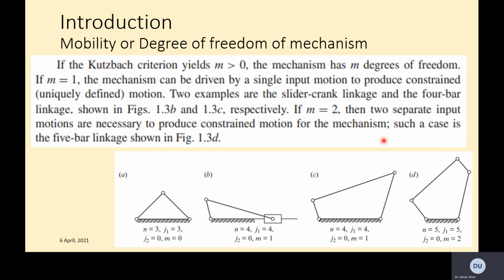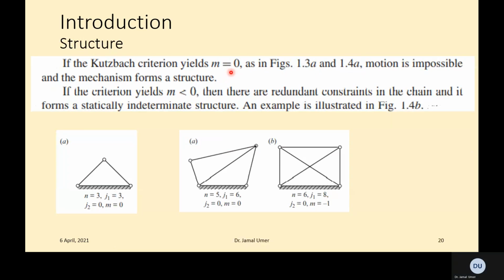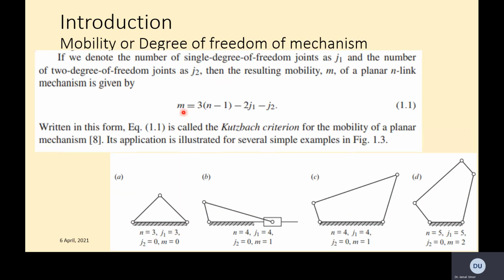So if the Kurzbach criterion yields M equal to 0, this is a special case now. Let's say, I will just show you the equation. You plug in numbers in such a way that you end up having M equal to 0. So what does this mean? The mobility is 0, right?